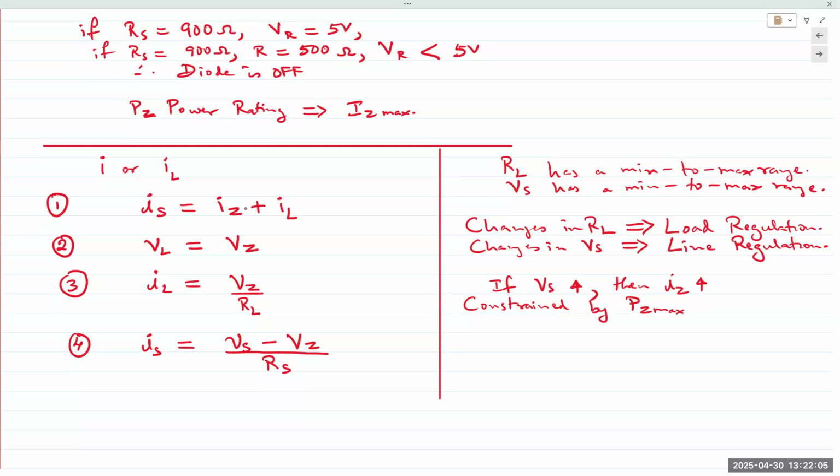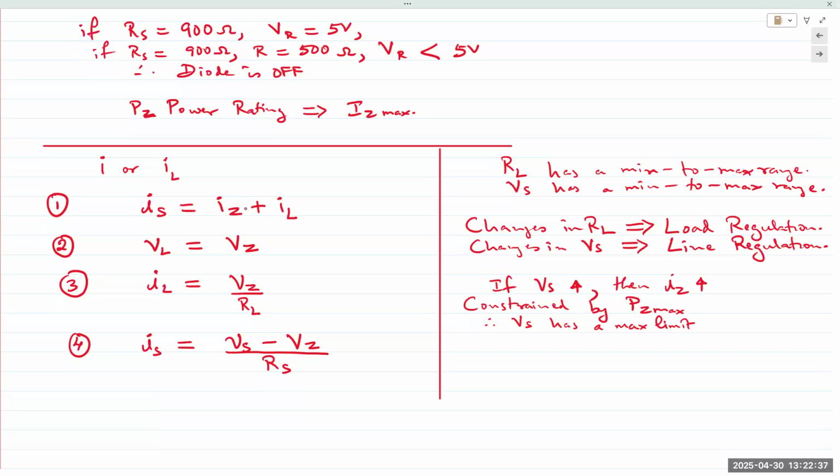That's why there's a maximum limit on the input voltage that you can apply to a Zener diode. Make sense thus far? Yes, question?